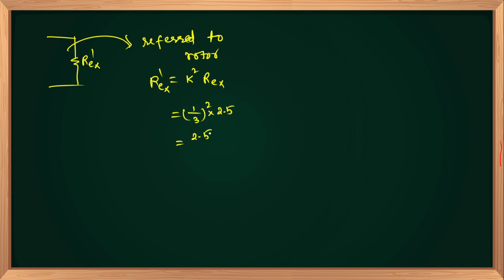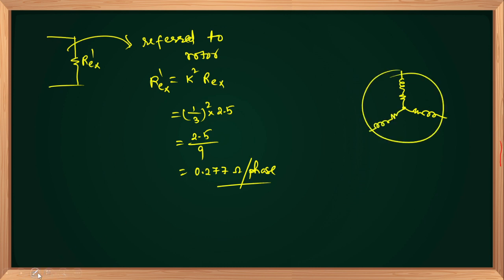So 2.5 divided by 9, you will get around 0.2777 ohms per phase. So in each and every rotor phase, we need to connect the extra resistance of about 0.27 ohms per phase of star connection.